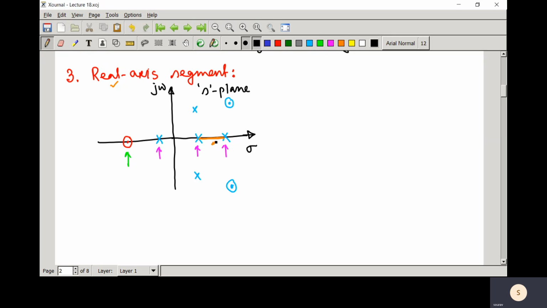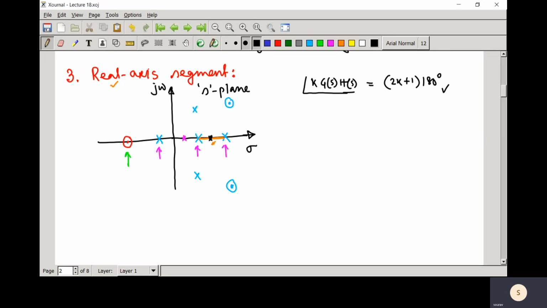Now if we consider a point here, or a point here, let us see what would be the contribution of the complex conjugate poles and zeros. We have seen that a particular point would satisfy the characteristic equation whenever the angle of G(s)H(s) is equal to (2k+1) times 180 degrees. That we have seen in the last lecture.